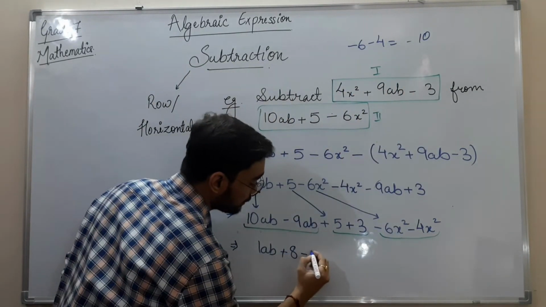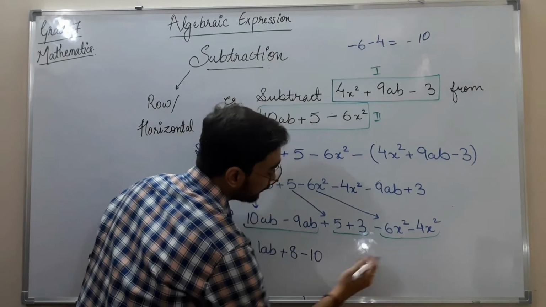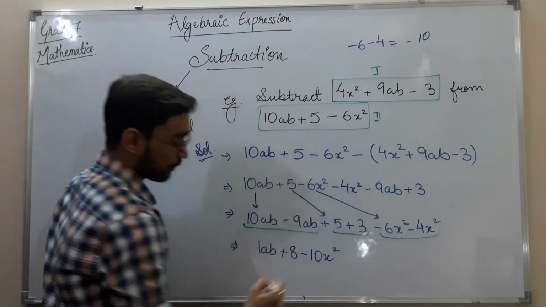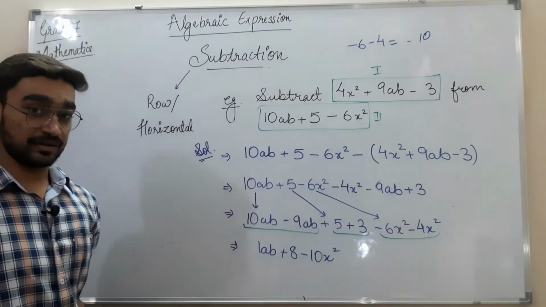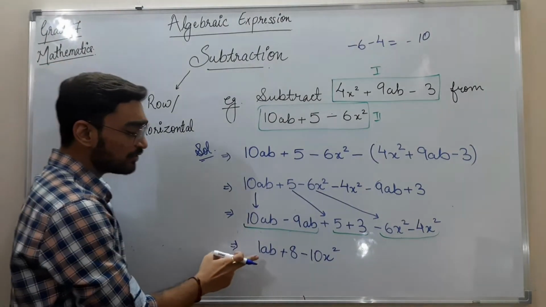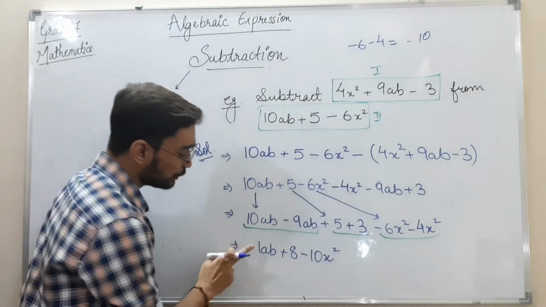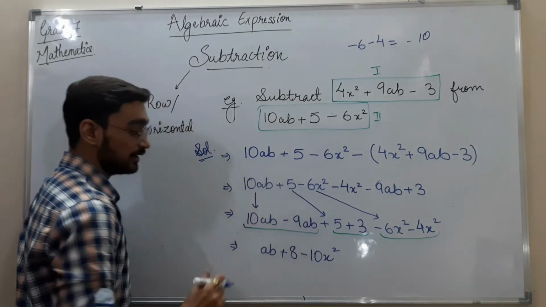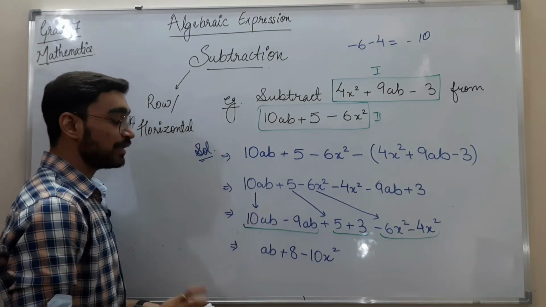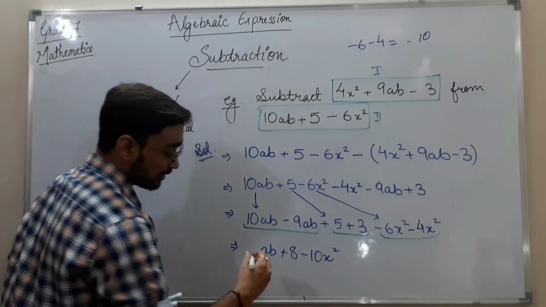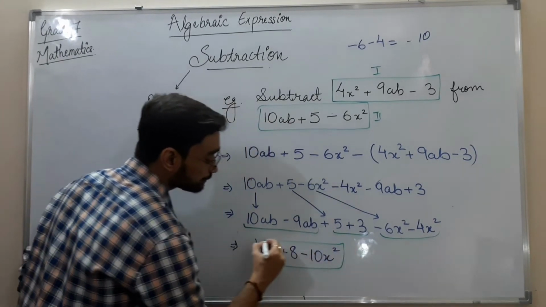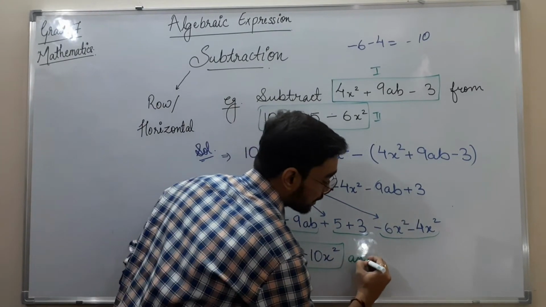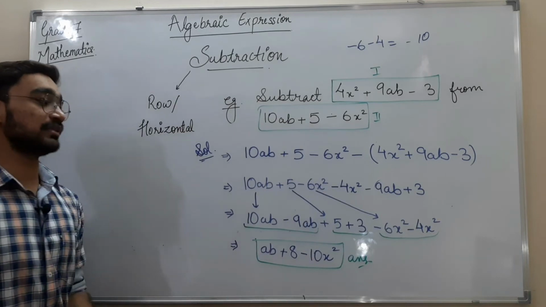So minus 10, what will be the variable here? X square. So this will be your final answer, but you know that whenever 1 is the coefficient, there is no need of mentioning it. We can simply write ab plus 8 minus 10x square. This will be the final answer.